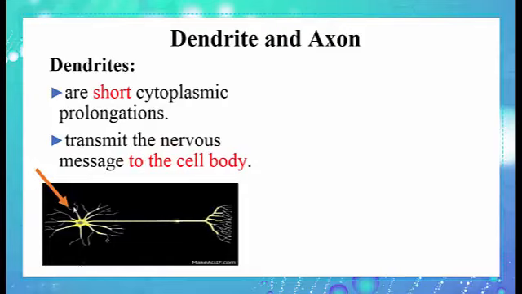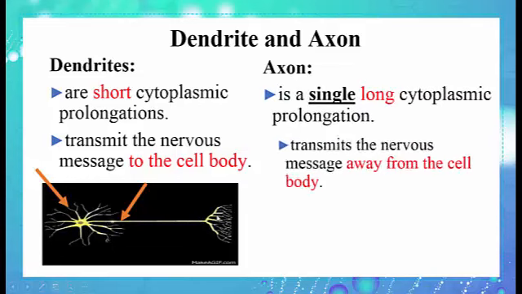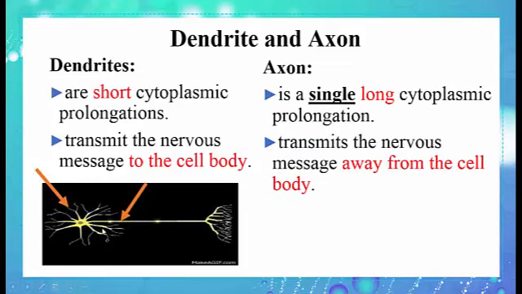Look at the nervous message which is transmitted from the dendrite to the cell body, while the axon is one long prolongation. It transmits the nervous message away from the cell body. It takes the nervous message from the cell body and carries it away from the cell body.